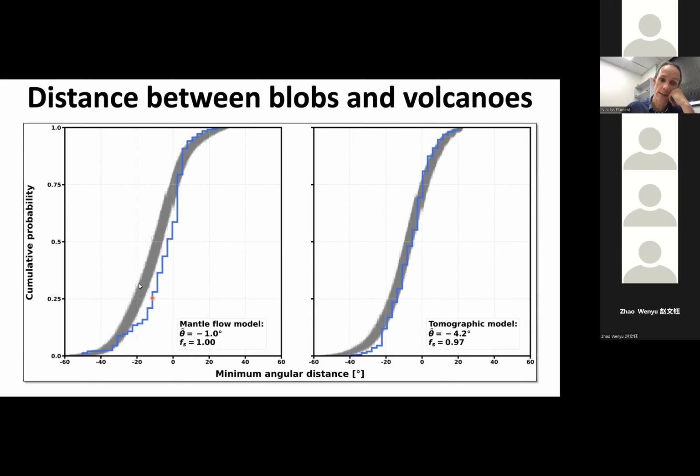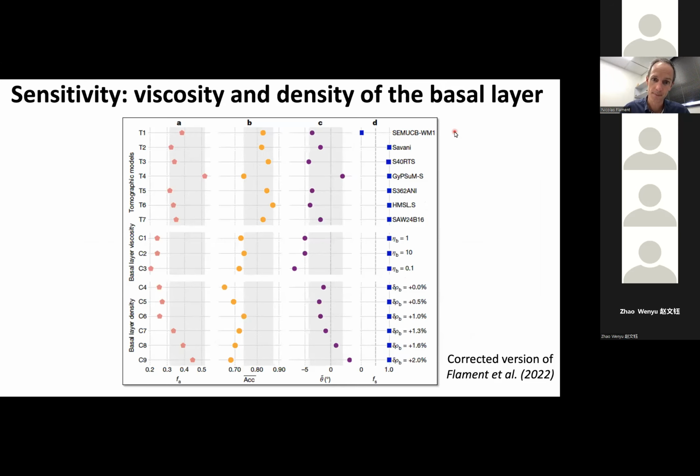So in this case, you can see that the 1,000 iterations are further in a mean sense and statistically distinct in a Kolmogorov-Smirnov sense. And for the tomographic model, it was 30 failed, so 970 succeeded. That's because there's some overlap in the middle, and for some, maybe the mean test was failed as well.